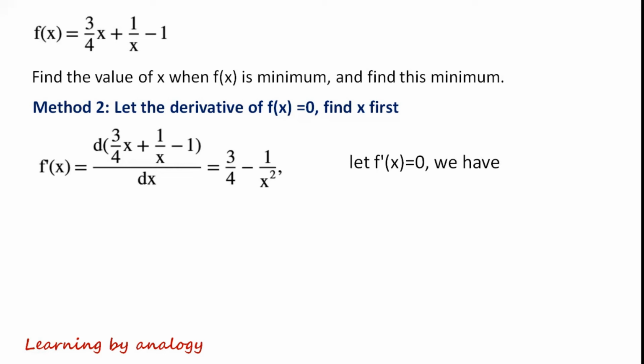Let f dash of x equal 0. We have 3 over 4 minus 1 over x squared equals 0.